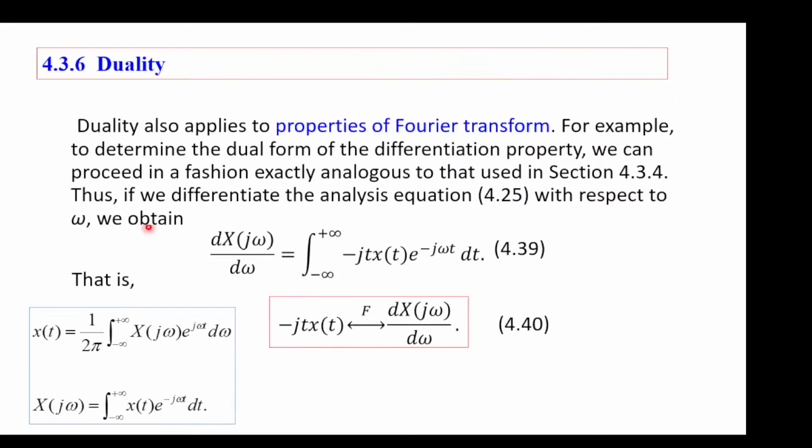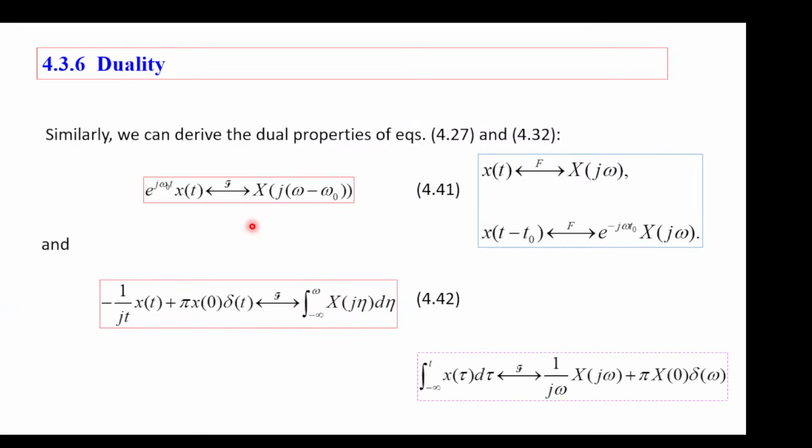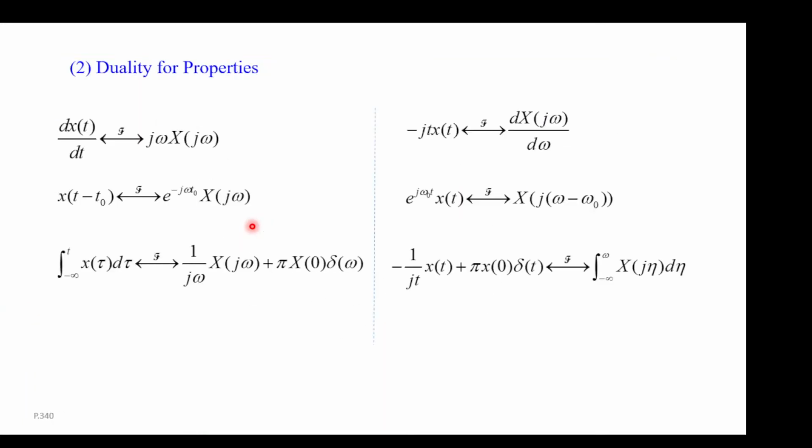What we want to say is that duality also works for some properties. Let's not give a derivation, just see the result. We have the differential on time, and you get an extra j omega on your big X. Then you can also have a differential on omega, and you get an extra minus jt. With a time shift, you get an extra e to the minus j omega t0.